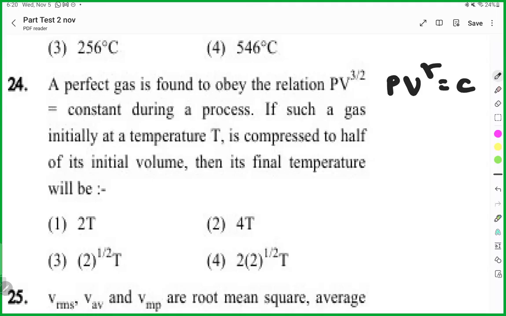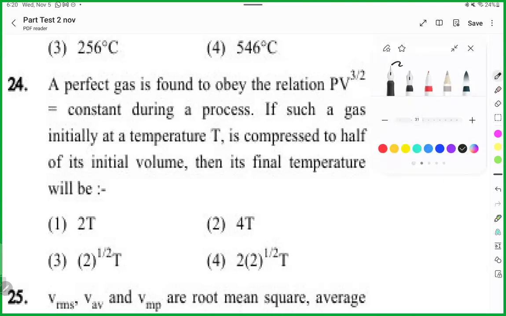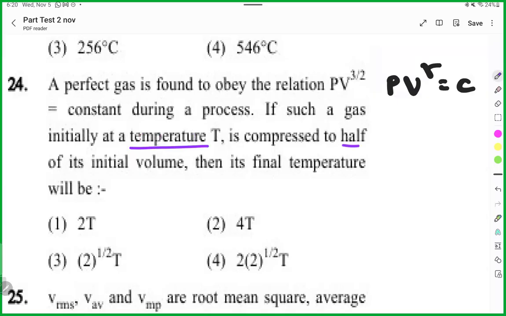If a gas has initial temperature T and is compressed to half of its initial volume, so initial volume V, second volume V by 2. Initial temperature T, what will be the new temperature? This is what you have to calculate. Old volume V, new volume V by 2. Old temperature T, what is the new temperature?